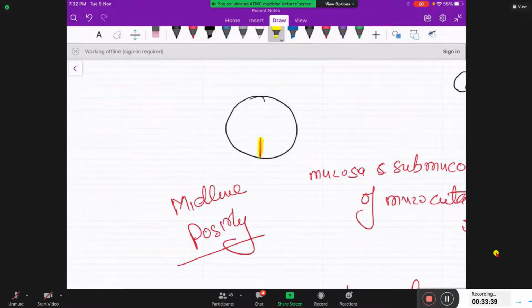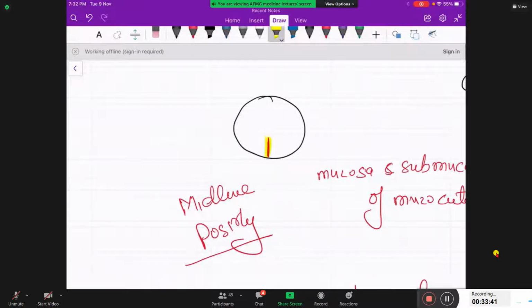So fibrosis keeps happening, and then the fibrotic tag hangs out of the anal verge. This fibrotic tag which hangs out of the anal verge is called sentinel tag.